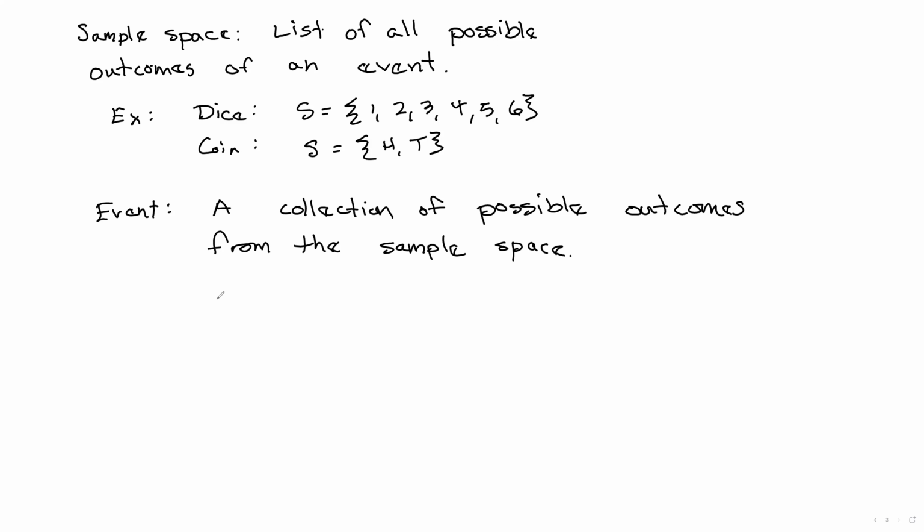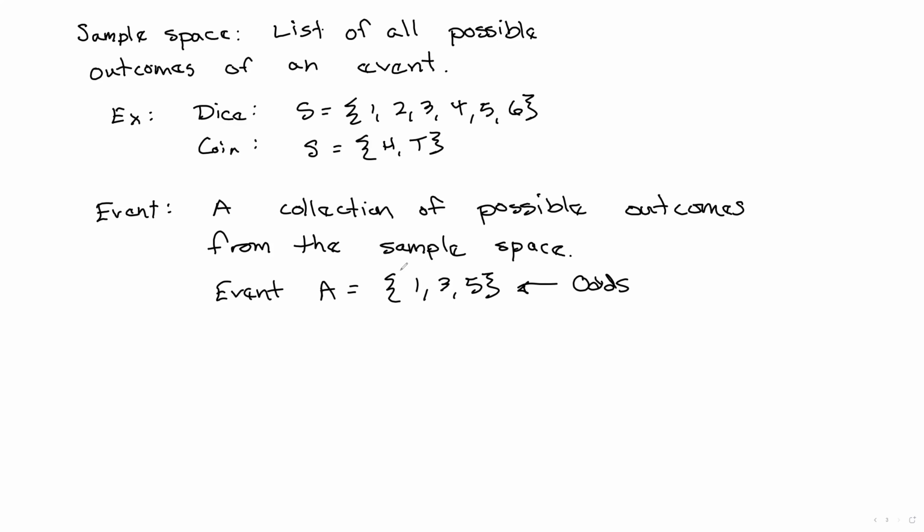So we could say event A equals, say, 1, 3, and 5 for a dice roll. So odds. Right? So you can have more than one possible result from the sample space in your event.